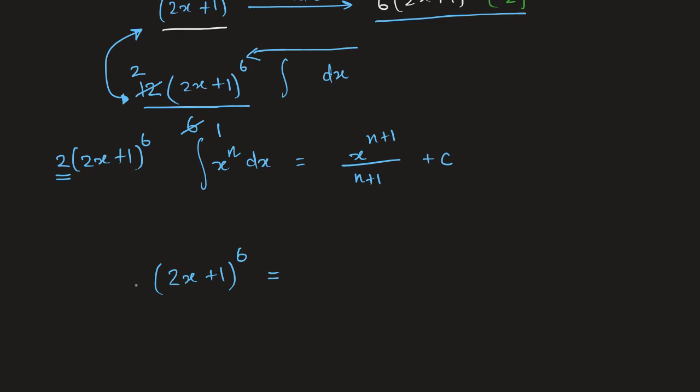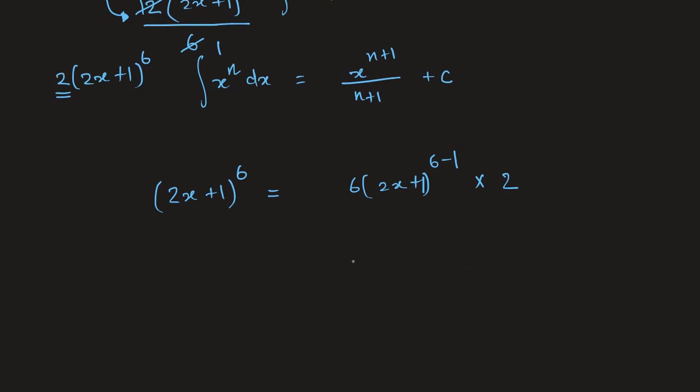We differentiated the outer function, that is 6 (2x + 1) to the power 6 minus 1. Then we applied the chain rule: we differentiated the inside function and multiplied by 2.